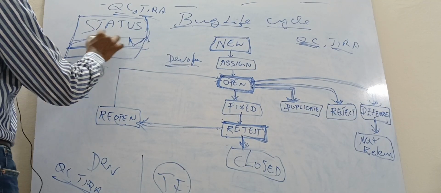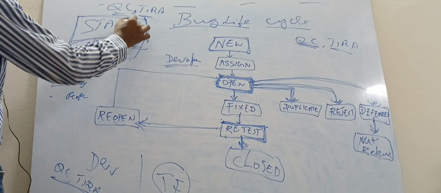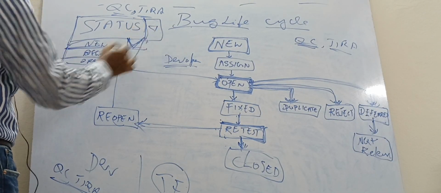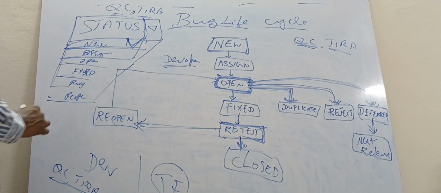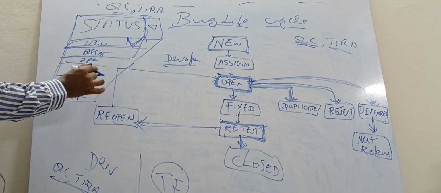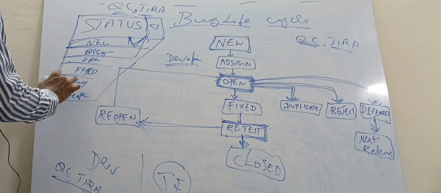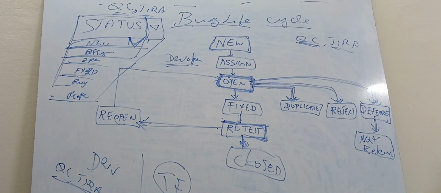Status is a list box. I had already told you how a list box works. When you click on this list box, a list will open. Here there are different statuses for the defect: new, assign, open, fixed, reject, reopen. Different statuses are there, right?